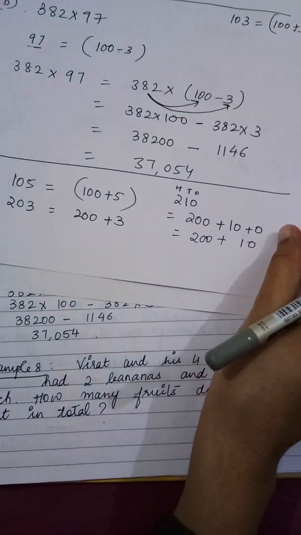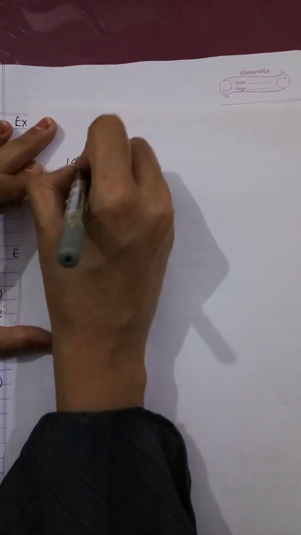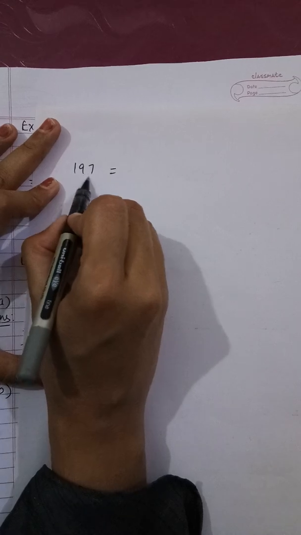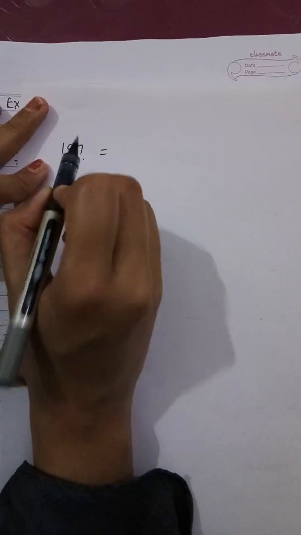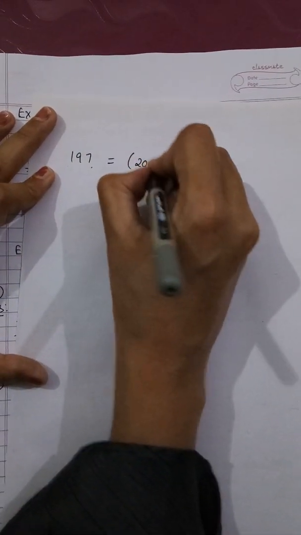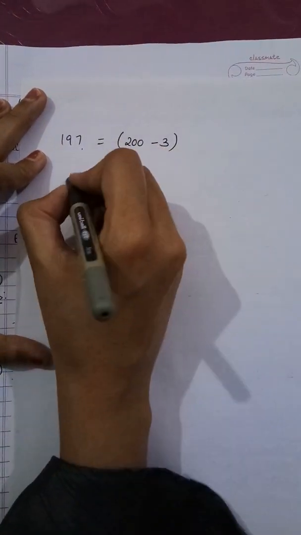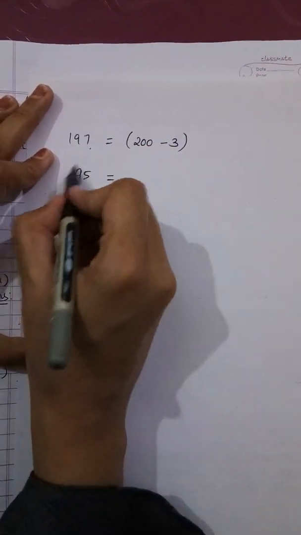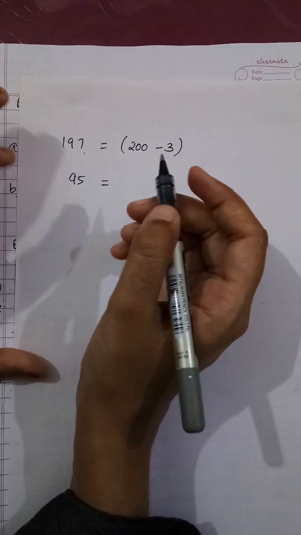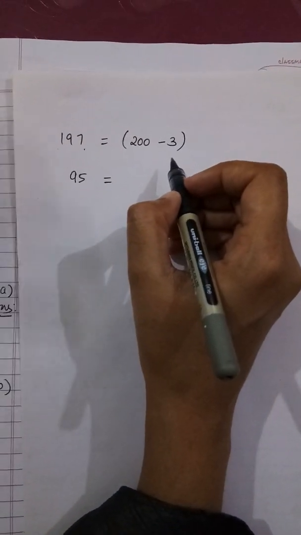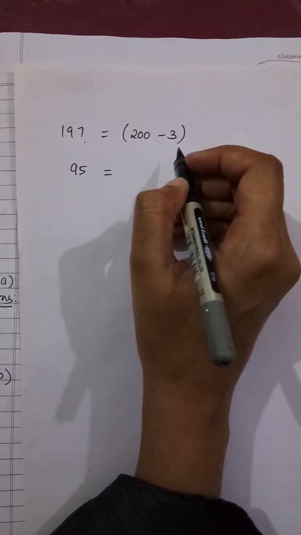Now this was the case of addition. What if we have to subtract? See, if I'm writing here 197, I know that this 197 is 3 less than 200. So 200 minus 3. I am writing here 95. See, this number is 5 less than 100. Always subtract it from a multiple of 100 or 10.